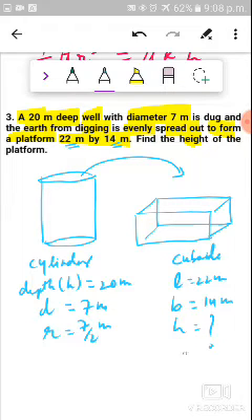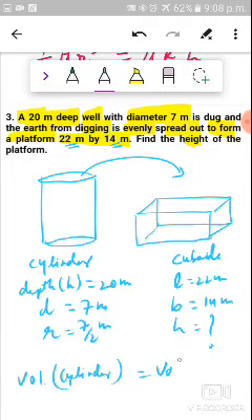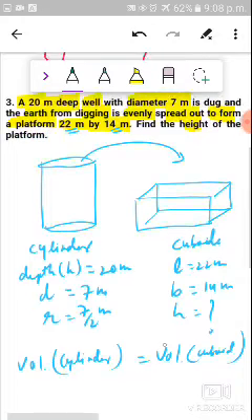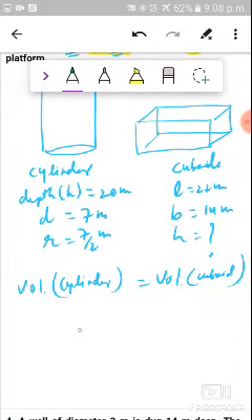Okay, now you see, as shape is changed, what will remain the same? Volume of cylinder will be equal to volume of cuboid. Okay, volume of cylinder is equal to volume of cuboid, right? And what is volume of cylinder?